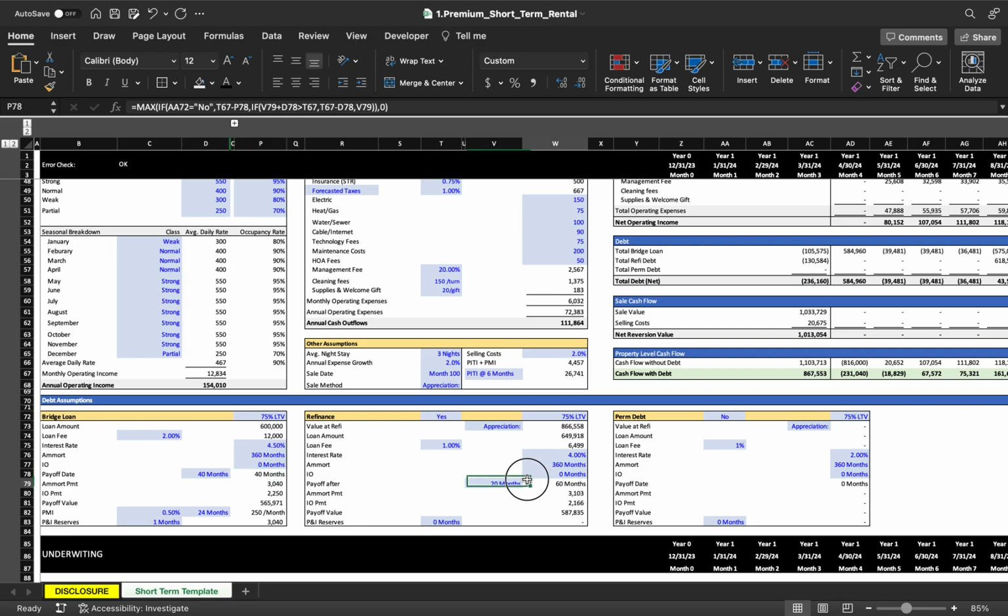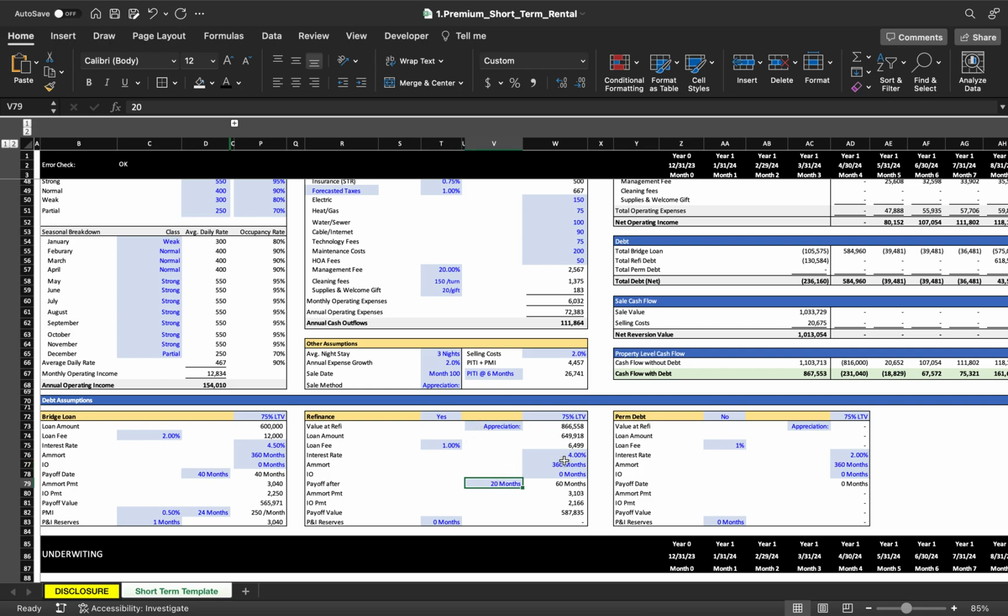And same thing here, right? It says that you could say your payoff or your next refi is in month 20, but you're actually not refinancing because this is toggled to no. So the difference is you're just paying off this first refinance 60 months after taking it out, right? Because 60 plus 40 is 100 and your total sale month is 100.